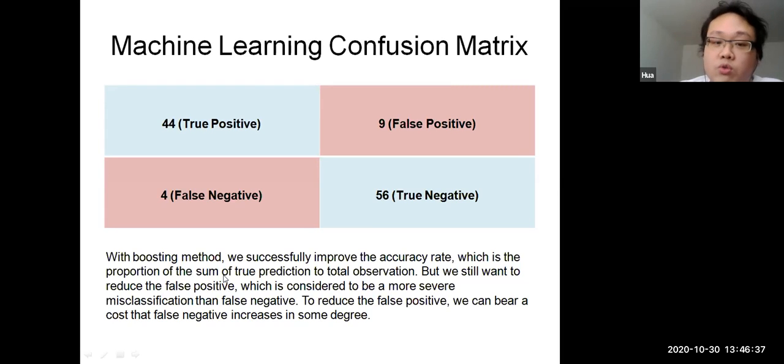But we still want to reduce the false positives, as last time we mentioned, because a false positive in the falling knife is considered to be a more severe misclassification than a false negative. To reduce the false positives, we can bear some cost that false negatives increase to some degree. Of course, only to some degree, because we cannot bear this cost infinitely. So the first method we use is boosting, which is a machine learning method.